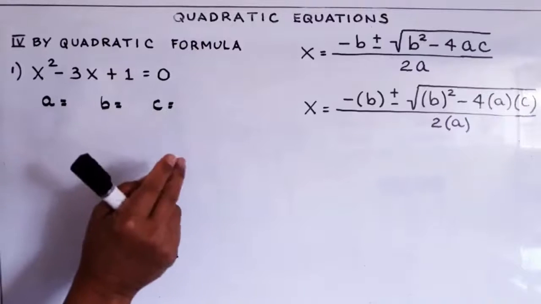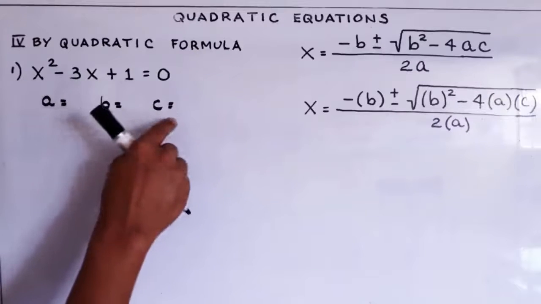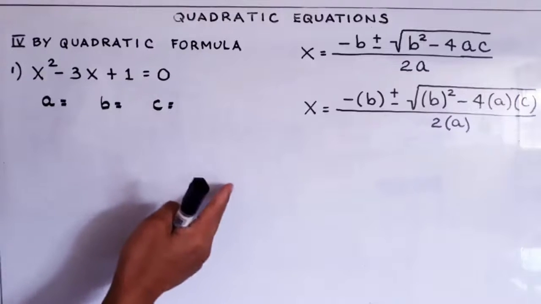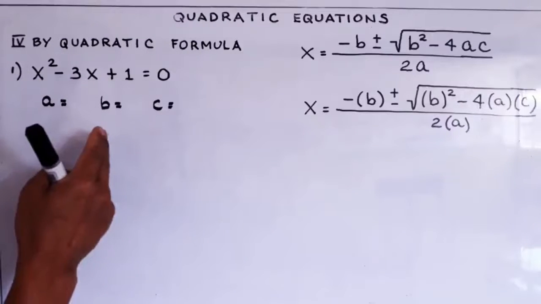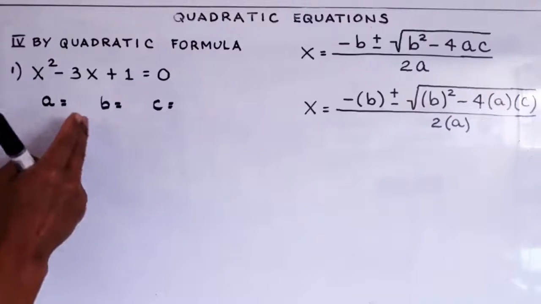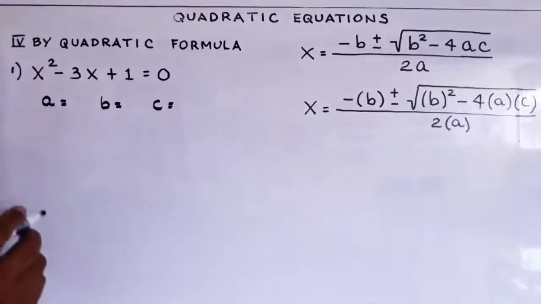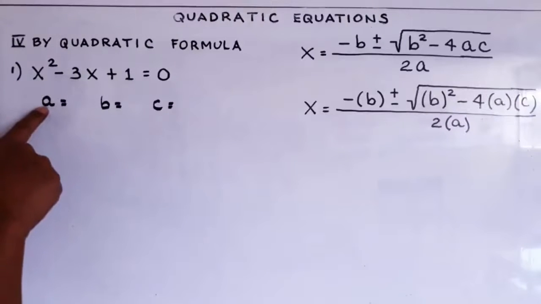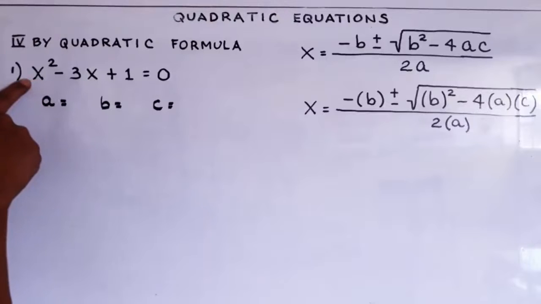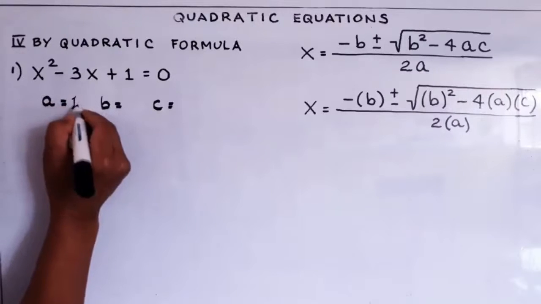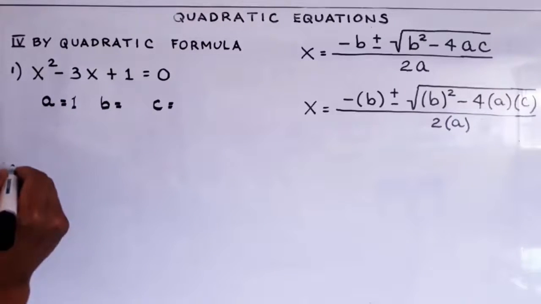Don't just leave it; it will be 0 if you don't have it. But in this case, class, we have a complete quadratic equation. Therefore, we have the a, the b, and the c. So what is a? A is the numerical coefficient of x squared, and that is 1. So we can write here that a is equal to 1.